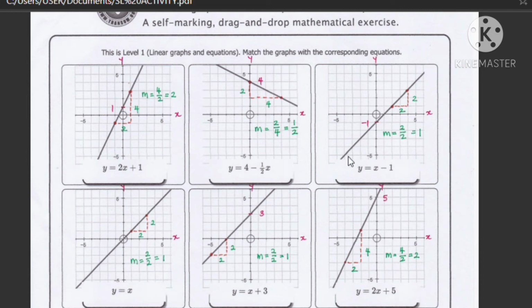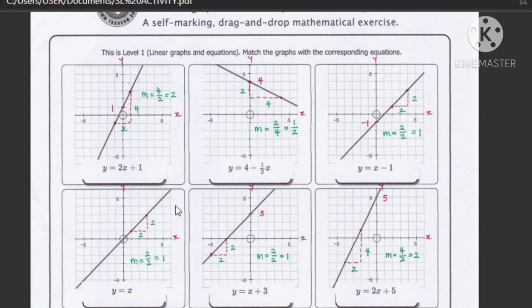So for this graph, the answer is y equal to x minus 1, where the y-intercept is negative 1. So the gradient is 1. You write only x, because the 1 is represented by the x. It is the same.